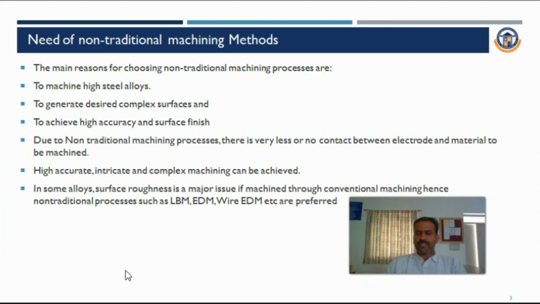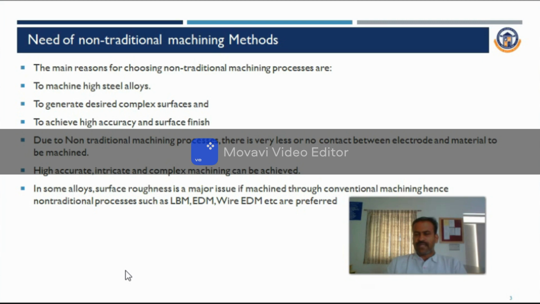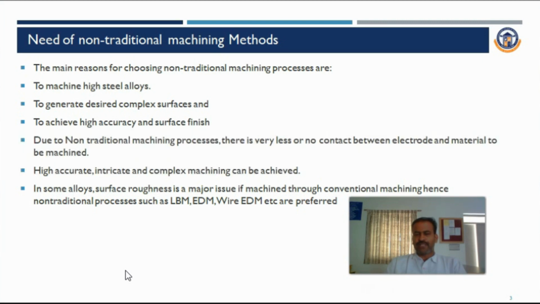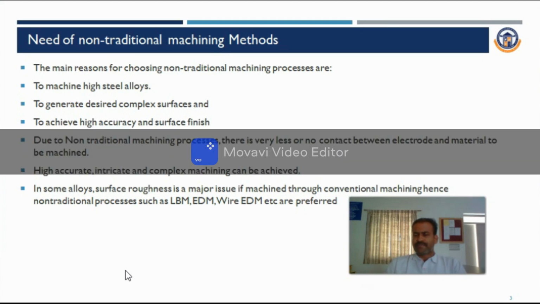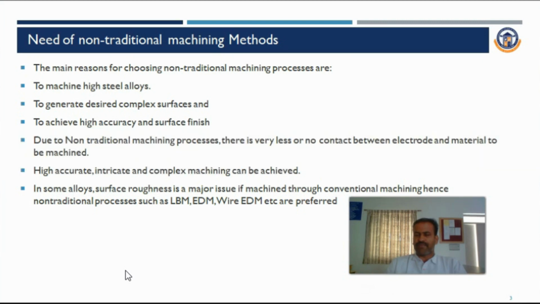Due to non-traditional machining process, there is very little or no contact between electrode and material to be machined. Highly accurate, intricate and complex machining can be achieved. In some alloys, surface roughness is a major issue if machined through conventional machining. Hence, non-traditional machining processes such as laser beam machining, EDM, that is electrical discharge machining, and wire cut EDM, wire cut electrical discharge machining, are preferred.